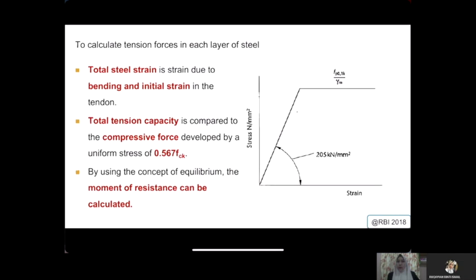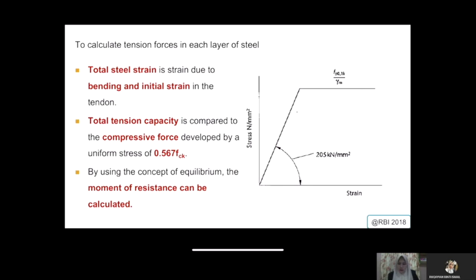In this case you have two capacities, tension and compression. Normally in RC, tension is catered for by reinforcement, but here our tension is catered for by our tendon. Using the concept of equilibrium, when you equate the compressive and tension forces, we can get the ultimate moment resistance for that particular section.